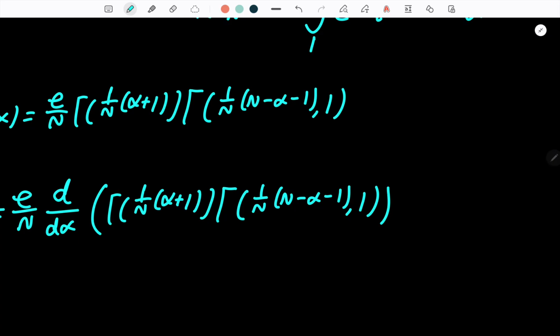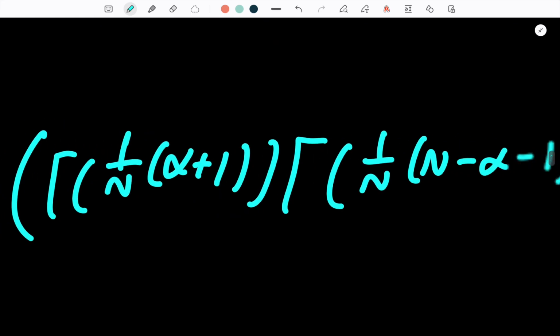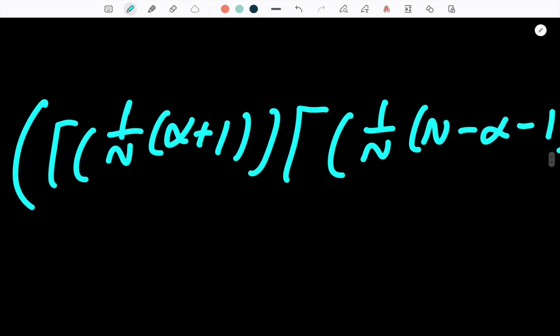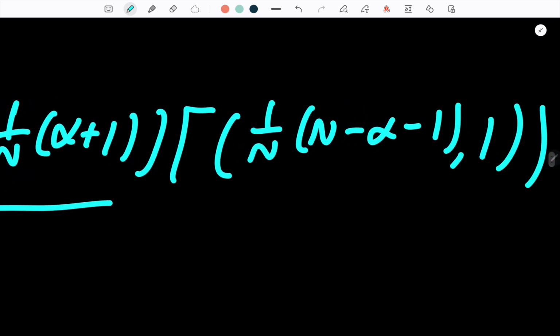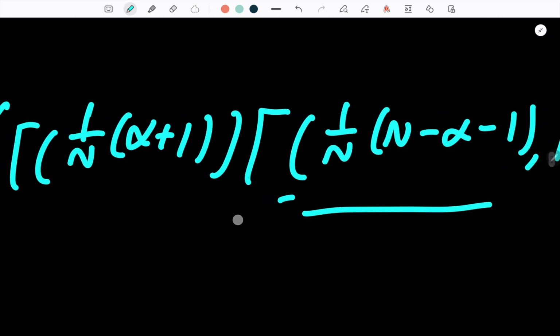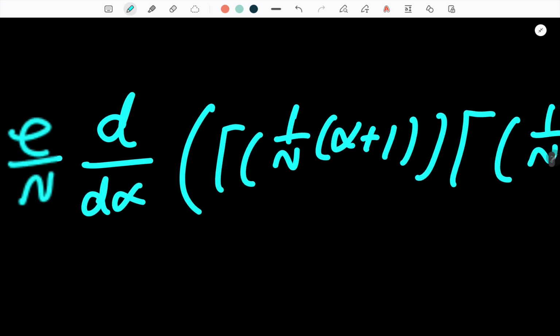Okay. Now, remember what I said before, n is just a constant, so we will not be really needing a partial derivative since n is just some number greater than 0, and it's an element of the positive real numbers. Okay. So the product rule, we need to take the derivative of this guy times this, plus the derivative of this guy times this. That is the product rule, and also we will need the chain rule as well.